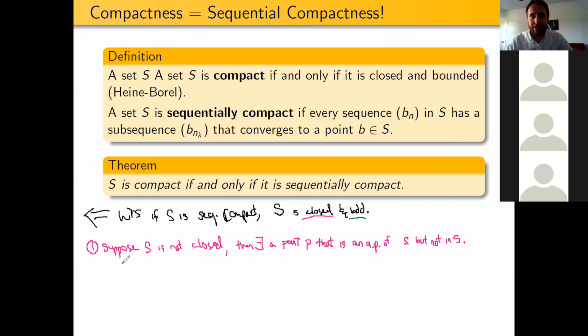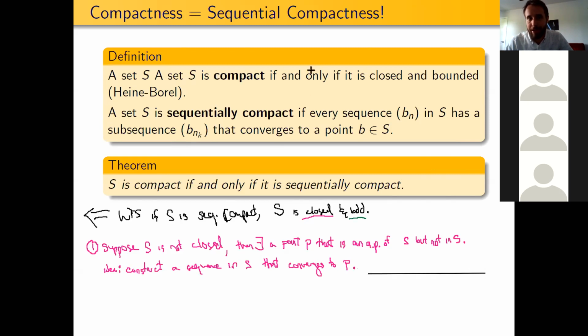Our idea is that we're going to construct a sequence in S that converges to P. In a heuristic picture, our set S doesn't have to look like this at all.